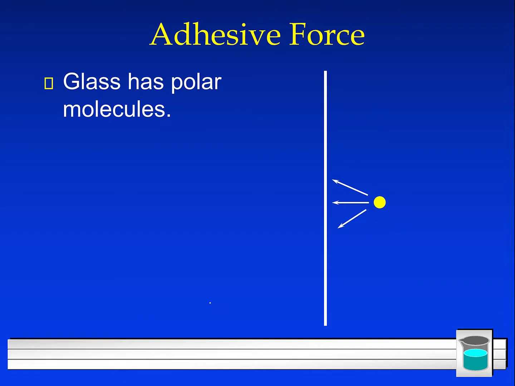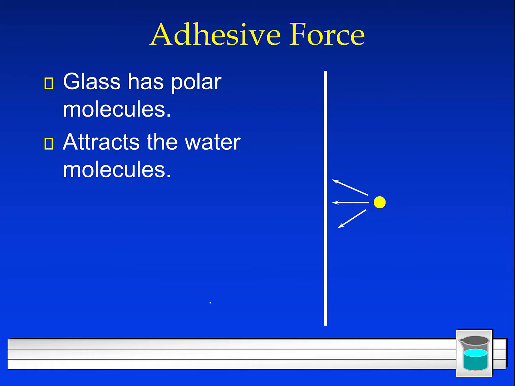And one of the things it can stick to is glass, because glass has polar molecules. And those polar molecules attract the water molecules. And if you look, if I put a water molecule next to glass, there's glass below, glass above, and so some of the pull is going to be upward.